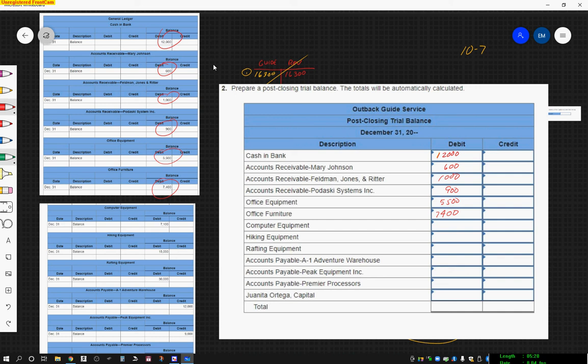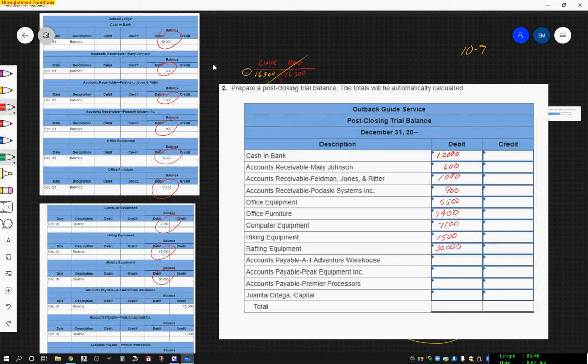Computer equipment, 7,100. Hiking equipment, 15 grand. It's going to take a bit to crunch all these. And rafting equipment, 30,000.